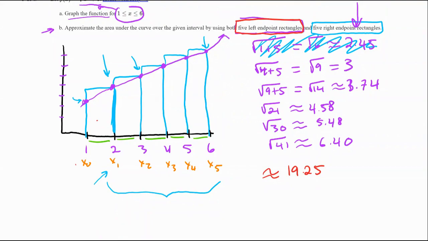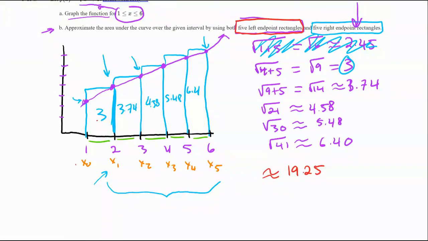So again, my width is still just 1. So to find the area of each of these rectangles, I do length times width. I know this value here is 3, so I'm going to do 3, 3.74, 4.58, 5.48, and my last one 6.4.